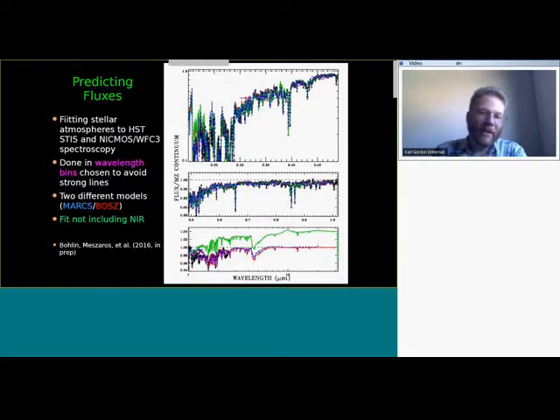We've got a pretty good constraint on it, and this plot shows the importance of including the near-infrared in the model fitting. The green is if you don't include the near-infrared, and you can see that it's off by a few percent. The near-infrared and mid-infrared in particular are useful in constraining the models, and I'll say how we're getting more data in that wavelength range to help turn these model predictions from just extrapolations over a large part of the JWST range into interpolations, i.e., if you can tie it at longer wavelengths.